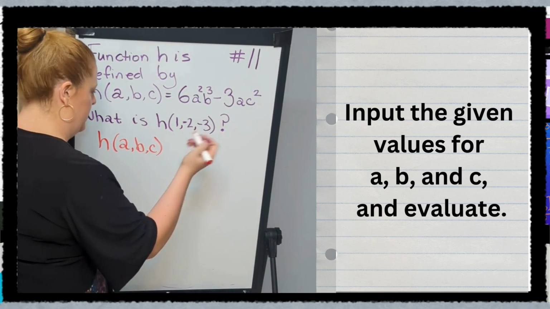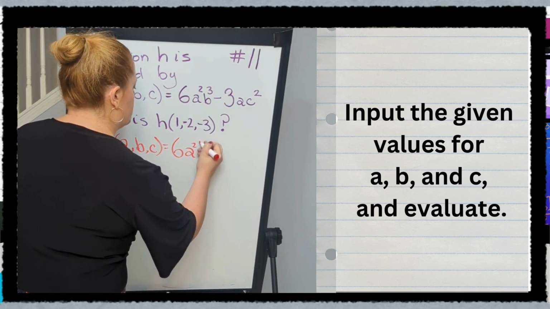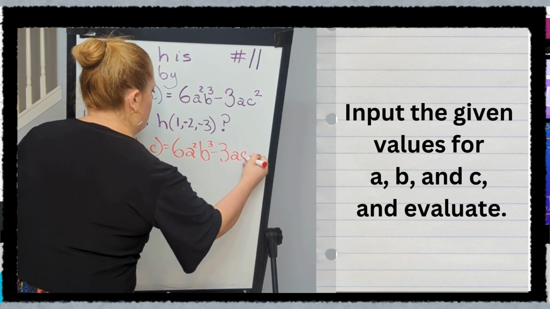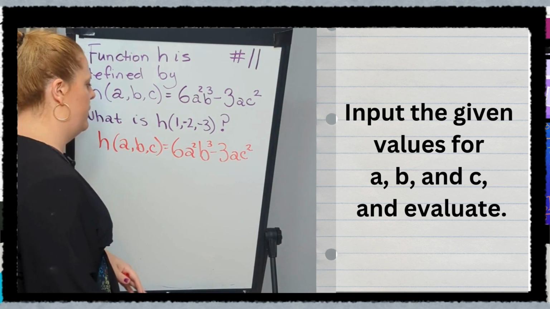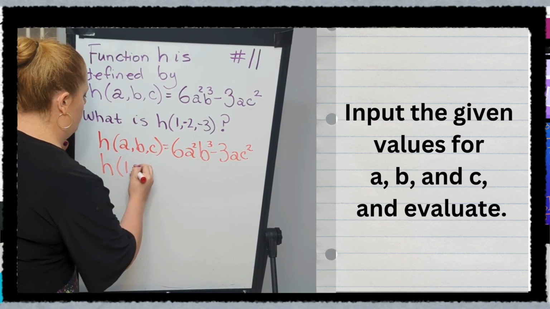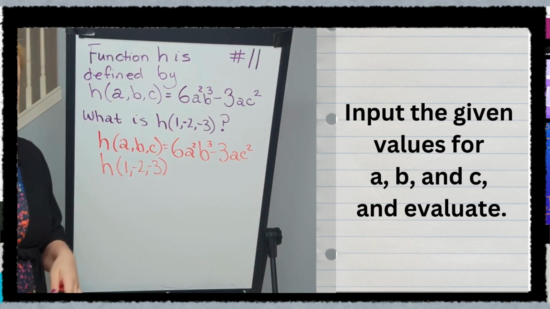It's kind of like the one we did in class as an example from the book. 6a squared b cubed minus 3ac squared. We want to know h of 1, -2, -3.